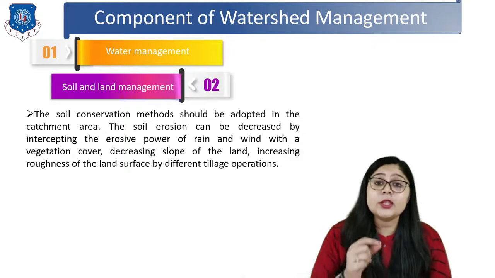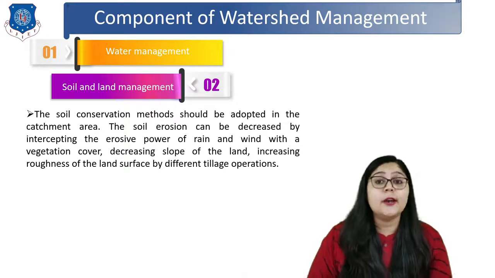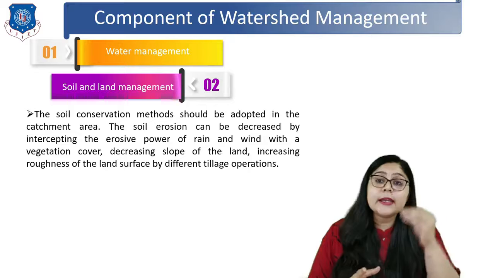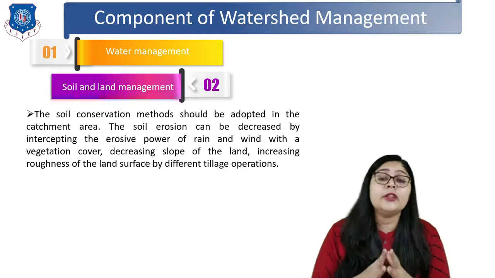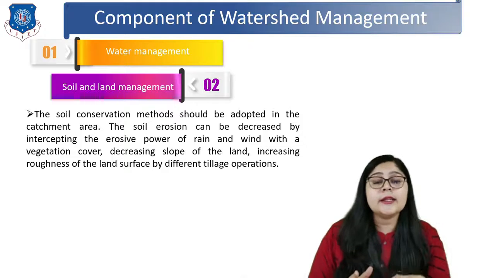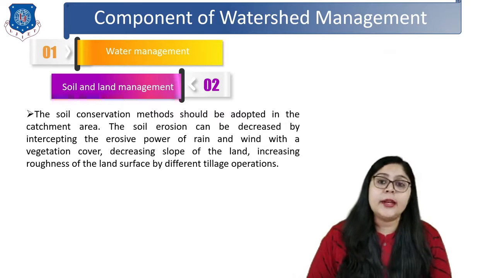Now let us understand the soil and land management. So here the soil conservation method should be adopted in the catchment area. So the soil erosion can be decreased by intercepting the erosive power of rain and wind with a vegetation cover, decreasing the slope of the land, increasing the roughness of the land surface by different tilling operations, right?